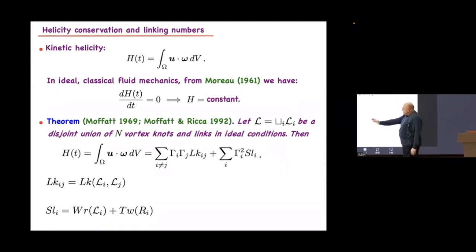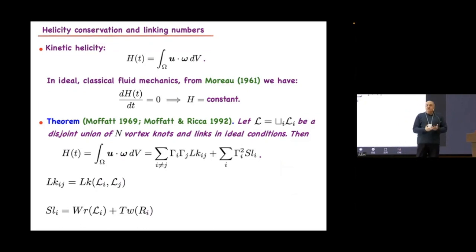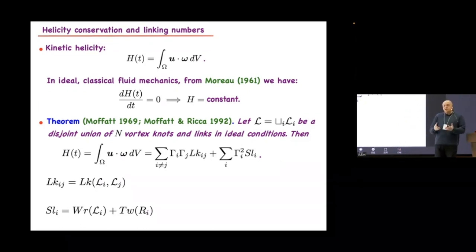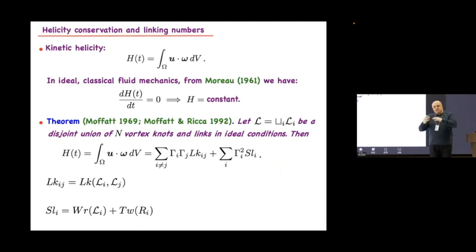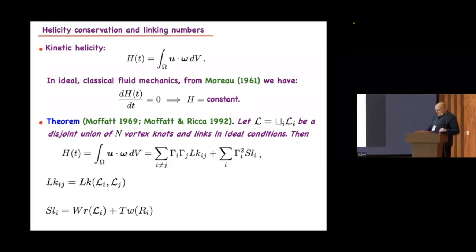So on your left-hand side, you have a topological quantity, and this topological quantity, I remind the young people, topology means that the quantity does not change under continuous deformation of the structure, but the self-linking admits a decomposition in terms of global geometric quantities that, of course, are not conserved during evolution. The first is the writhe, and the second is called the twist associated with the ribbon.